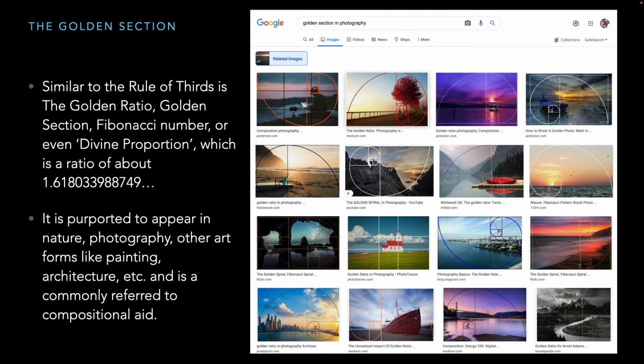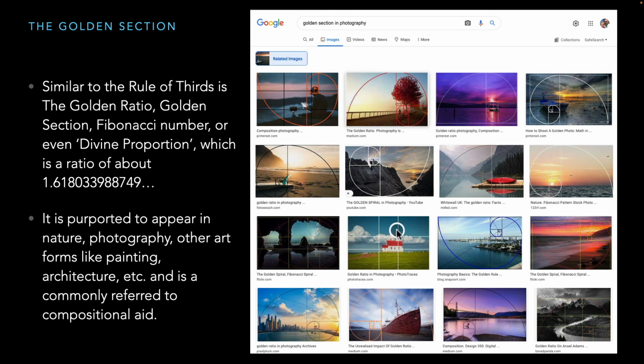Now, I would bet you that none or very few of the photographers who took these images actually were thinking, oh, I'm going to use the golden ratio on this photograph. Maybe they did. Even Ansel Adams, this is Ansel Adams down here. Maybe, possible. But it's not really super practical to think in these sort of ratios when you're actually shooting.